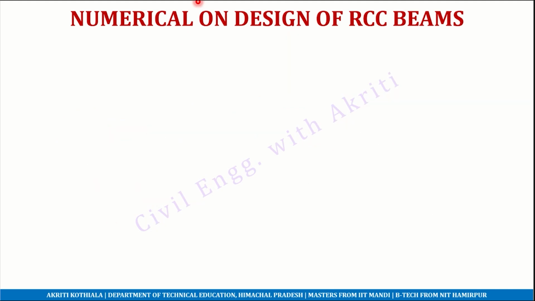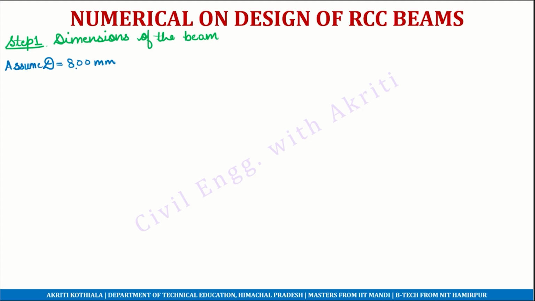So going back to the first step, we will now directly assume a higher value of the overall depth, which is equal to 800 mm. This is also what we are assuming. Why have I chosen 800 mm? Because the required value of d was approximately 704 millimeters.